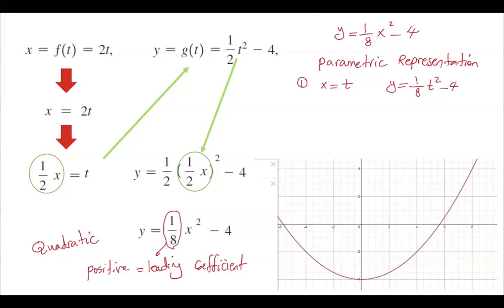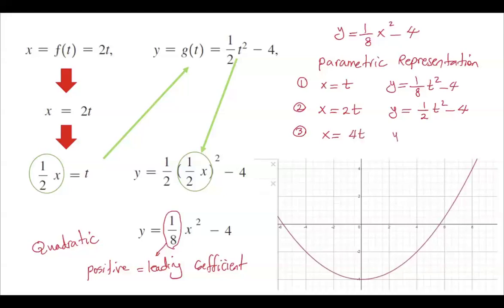Someone else might say, I want to take x to be 2t. So in that case, your y becomes 4 divided by 8, which is a half. You get a half t squared minus 4. Someone else might say, I want to use x to be, for example, 4t.